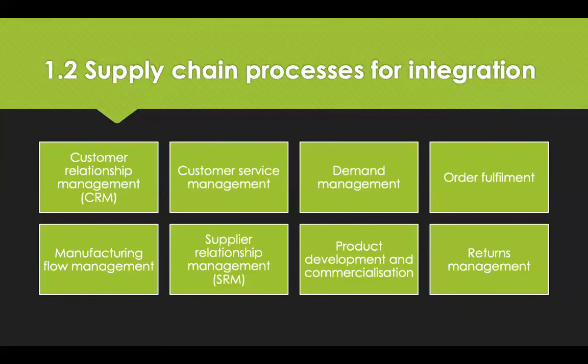Manufacturing flow is about determining customer requirement changes and translating those requirement changes into supplier requirement changes. And then the SRM, the supplier relationship management, is about negotiating product and service agreements, developing or improving supplier capabilities, and monitoring their performance and improvement.